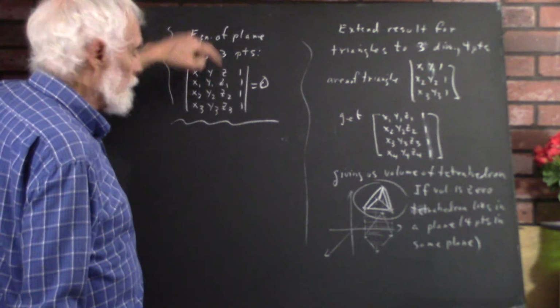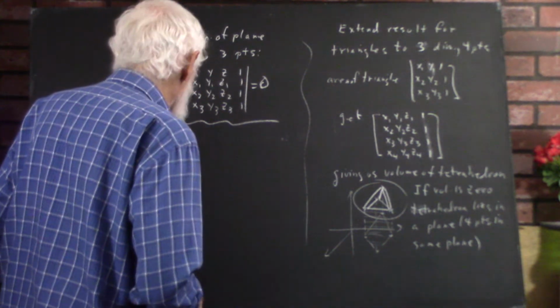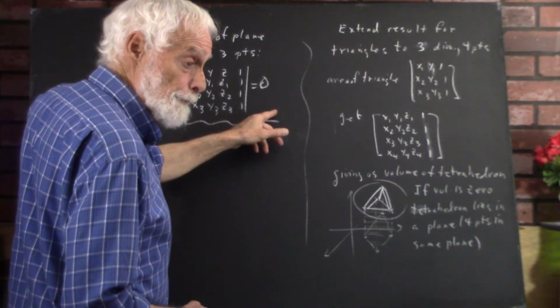The equation of the plane through 3 points is going to be this. The determinant of this has to equal 0.